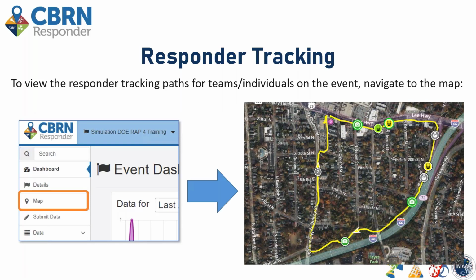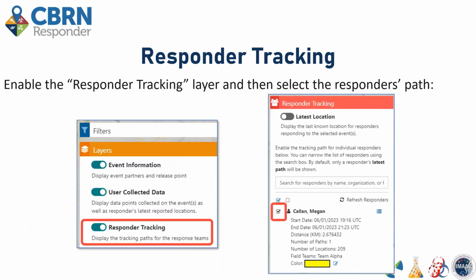If you want to view the responder tracking paths for your teams or individuals, you'll navigate to your event map. You'll want to ensure that your responder tracking layer is enabled. And then you'll want to select the responder's tracking path that you want to view.